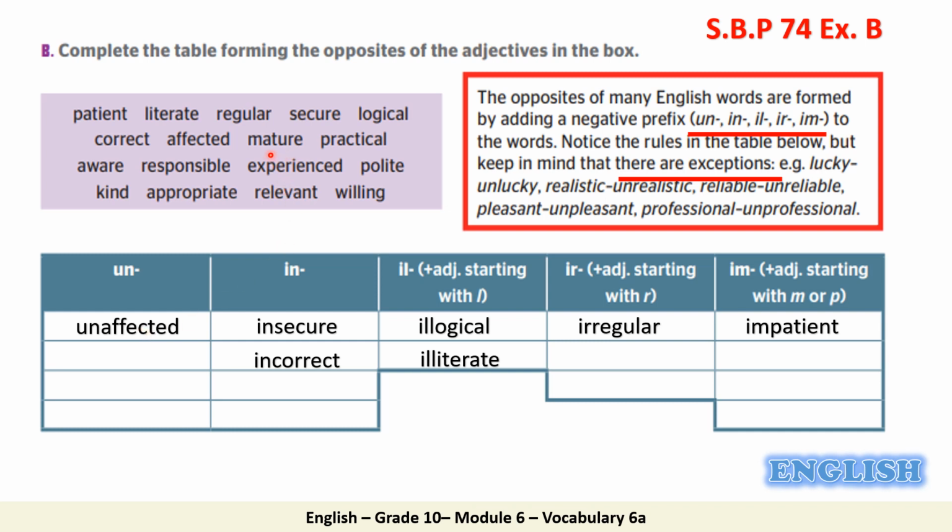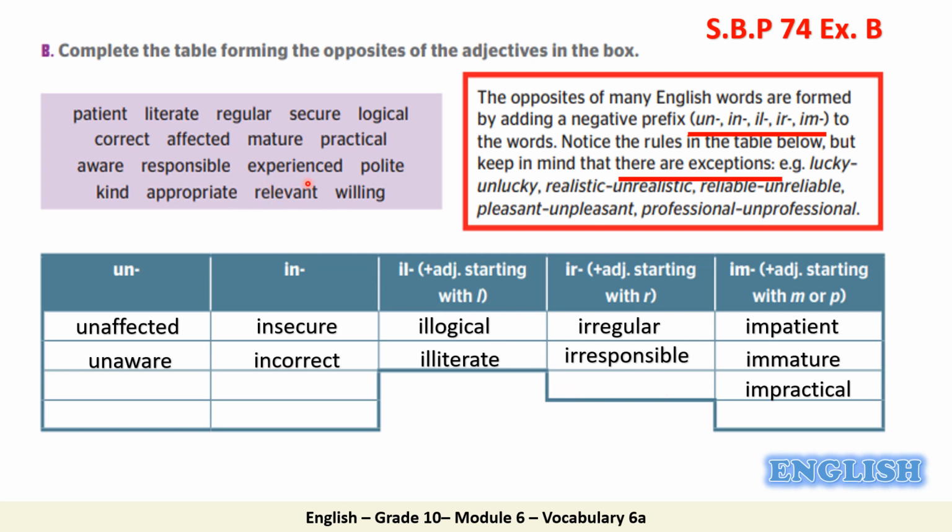Mature, notice here that the adjective starts with M, so it becomes immature. Practical, P, practical, it becomes impractical because it starts with P. Aware becomes unaware. Responsible, and notice the first letter here is R, so it becomes irresponsible.